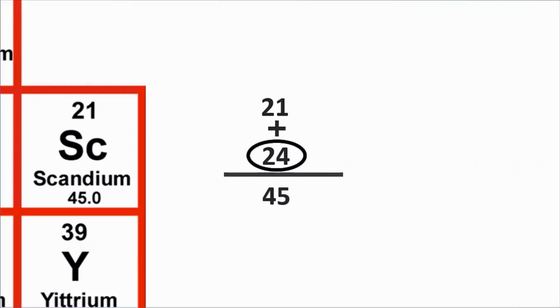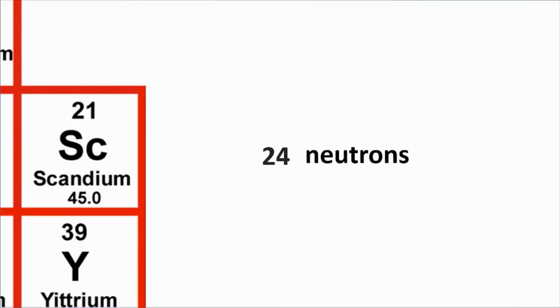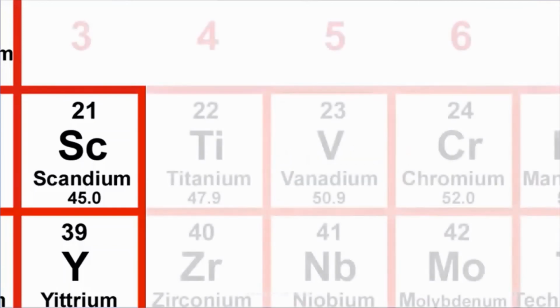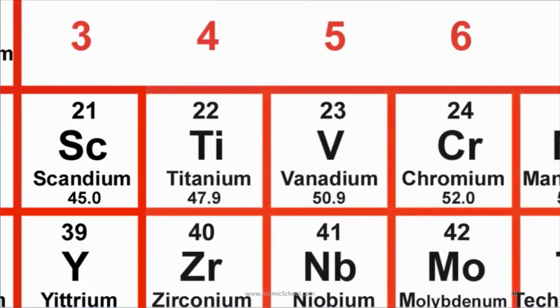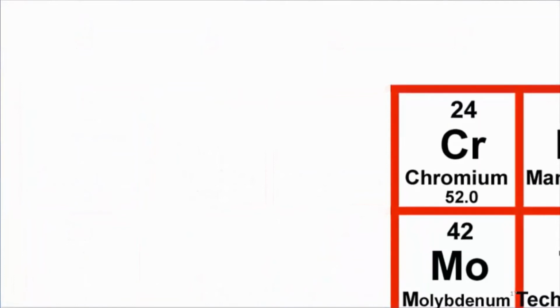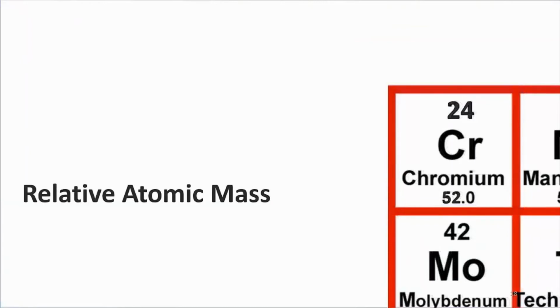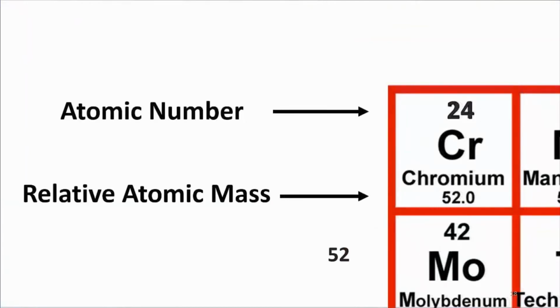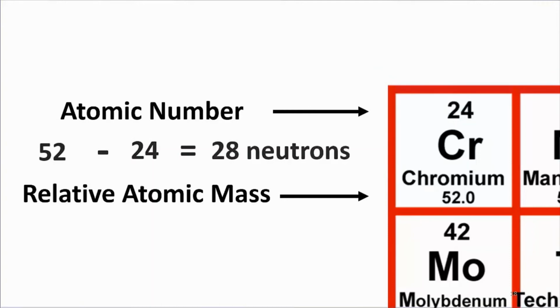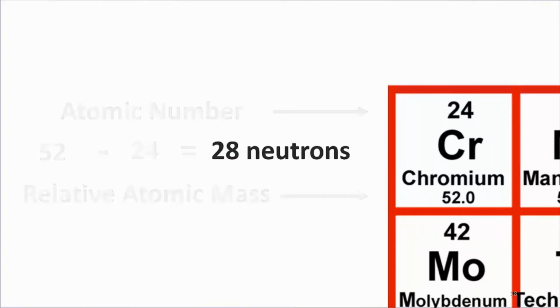The difference is 24. Scandium's got 24 neutrons in its nucleus. What about chromium? The difference between its relative atomic mass and its atomic number is 52 minus 24 equals 28 neutrons. Too easy.